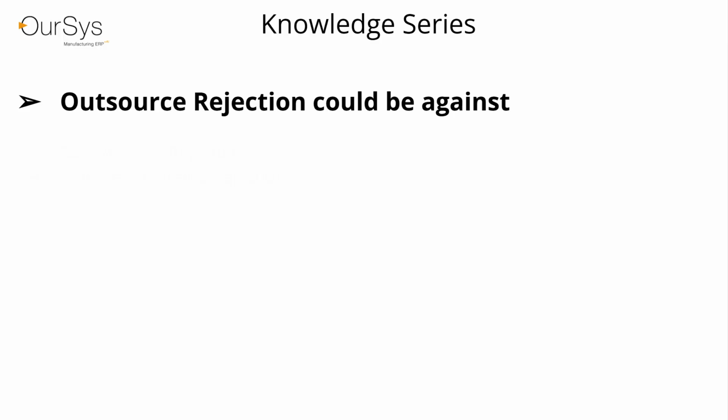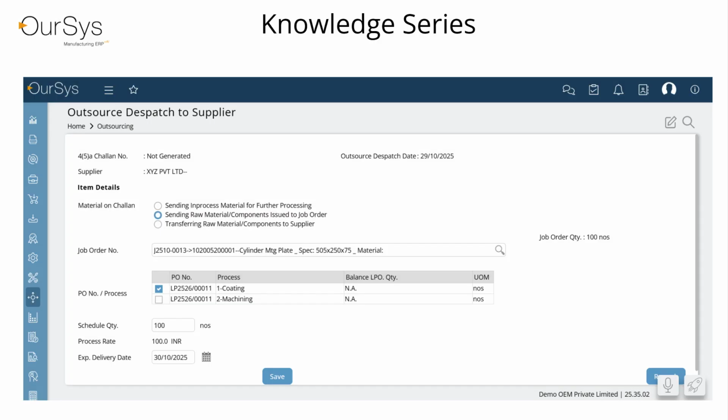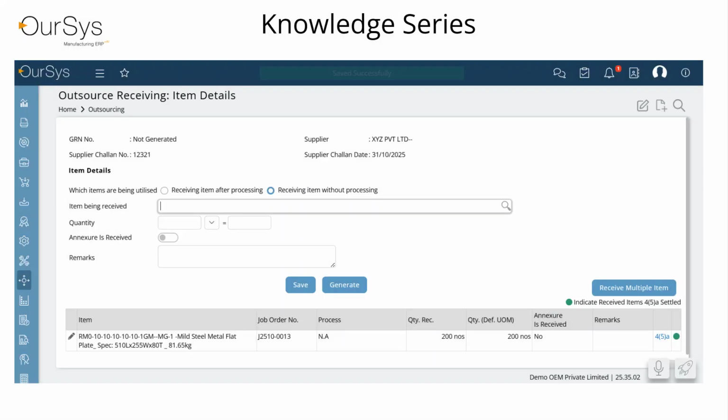Now if we talk about the raw material first, this is my screen for dispatching the material, that is sending the raw material component to my vendor. At the time of receiving the material, you have a choice of with and without process receiving.